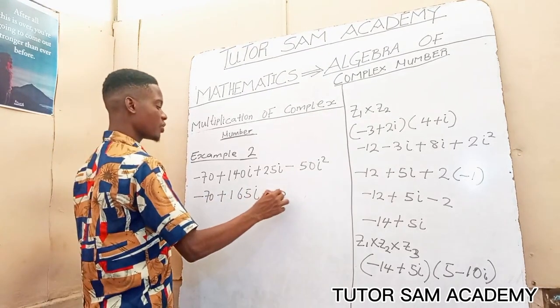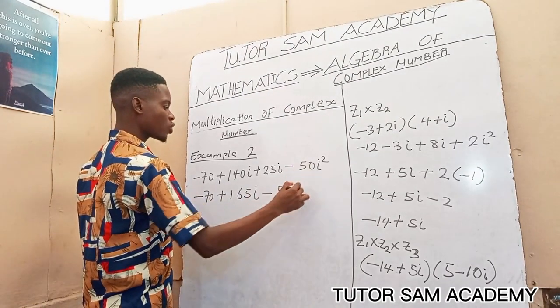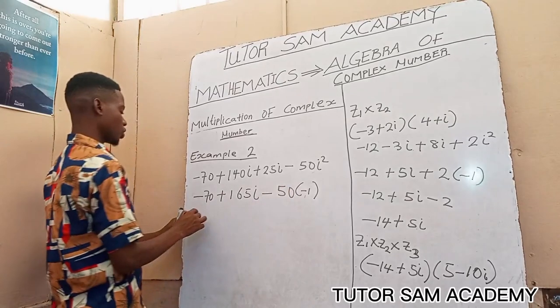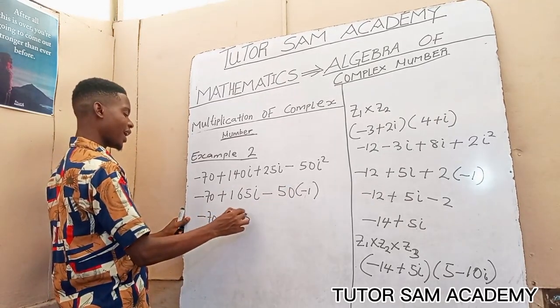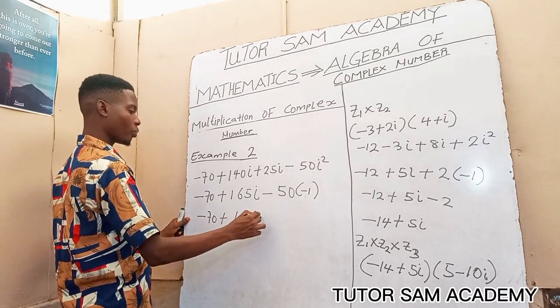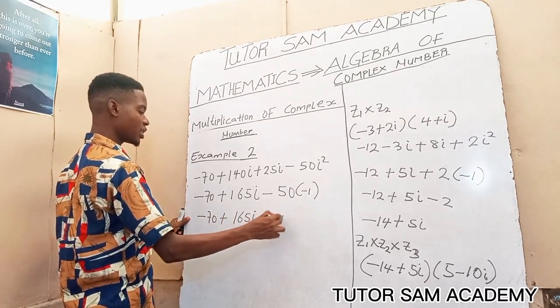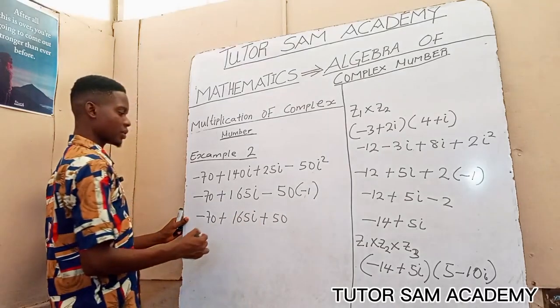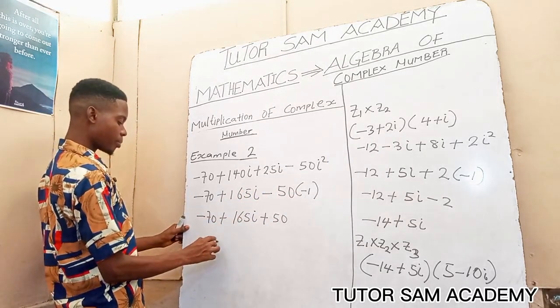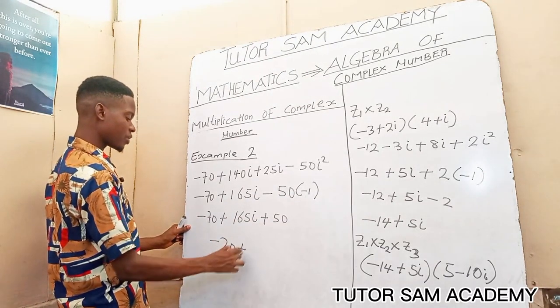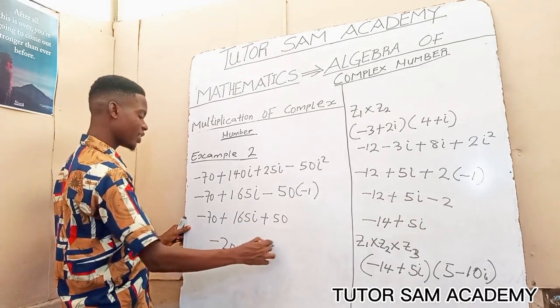This is minus 50 i squared, and i squared is minus 1. So this is minus 70 plus 165i plus 50, because minus times minus is plus 50. Minus 70 plus 50 is minus 20 plus 165i.